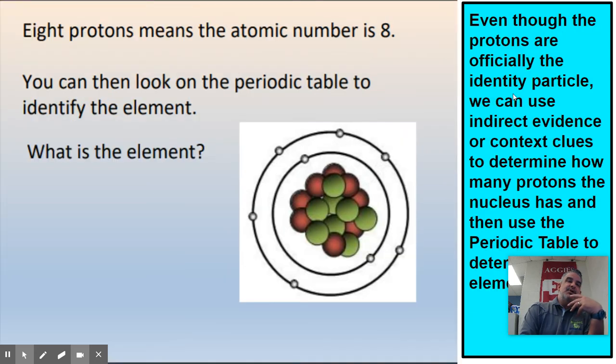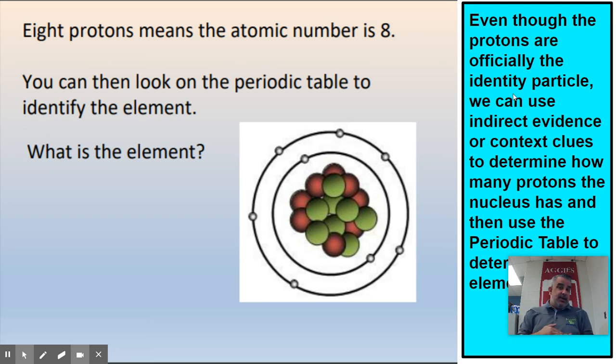And so once you determine that the atomic number is 8, that means there has to be 8 protons, okay? And even though protons are officially the identity particle, we can use indirect evidence by finding electrons, which are easy to identify, and say if there are 8 electrons, that means there has to be 8 protons. And if there are 8 protons, the atomic number of this element has to be number 8.